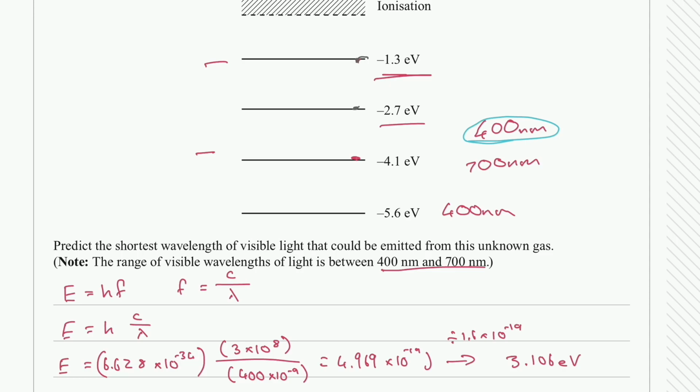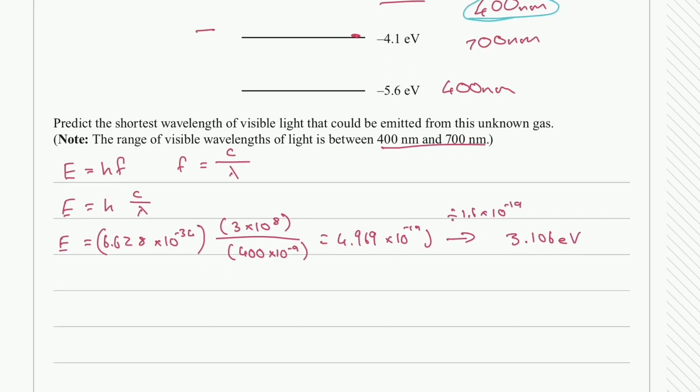Now, the thing to think about is, do we want something greater than 3.106 or something less than? The way I would go about thinking about this is using our formula from before: E is equal to Planck's constant times the speed of light divided by the wavelength. Planck's constant and the speed of light are not changing, so I would rewrite the formula as energy being proportional to 1 over the wavelength.